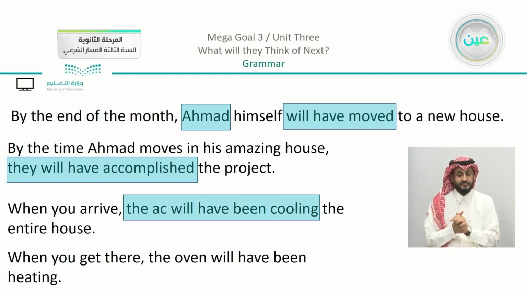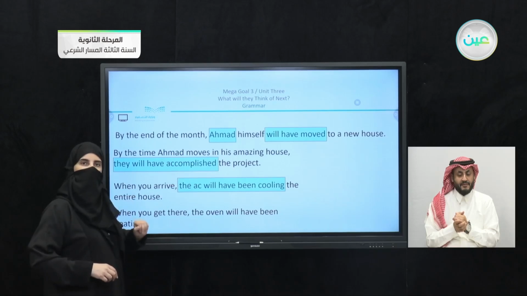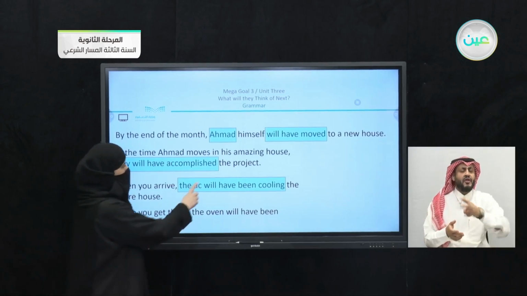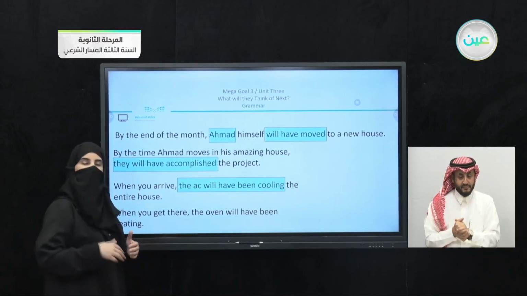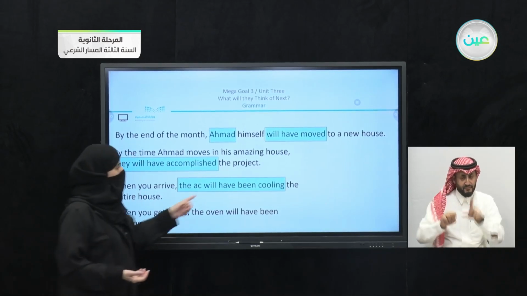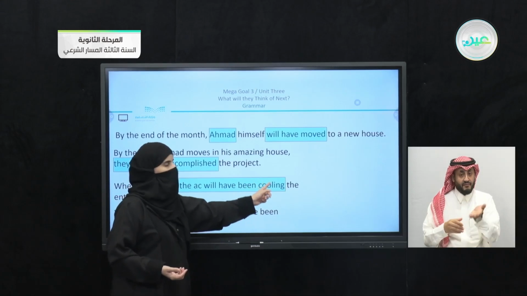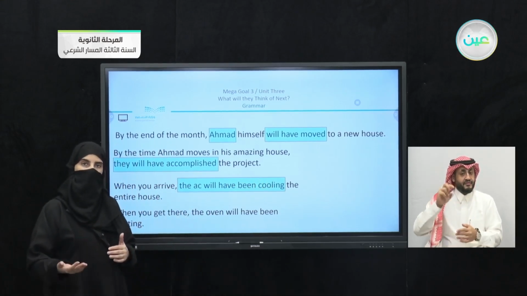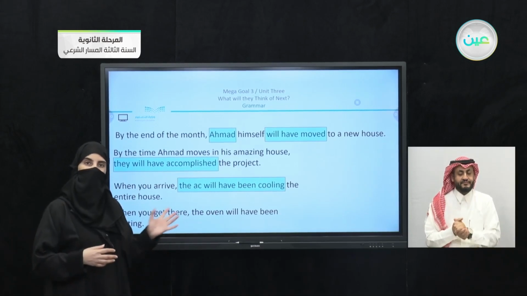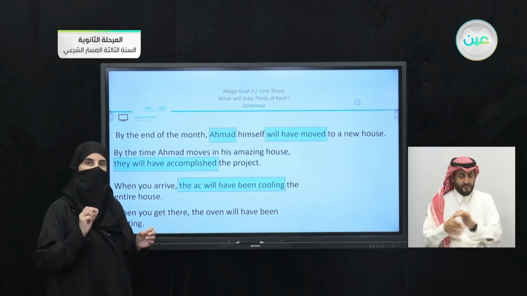Now, what is different in this example from the ones before? You can see that we have here will, we have also have, but instead of using the past participle, we used been, the verb plus ing. So here means that we can use also the ing form here in the sentence, but it has to be with been.